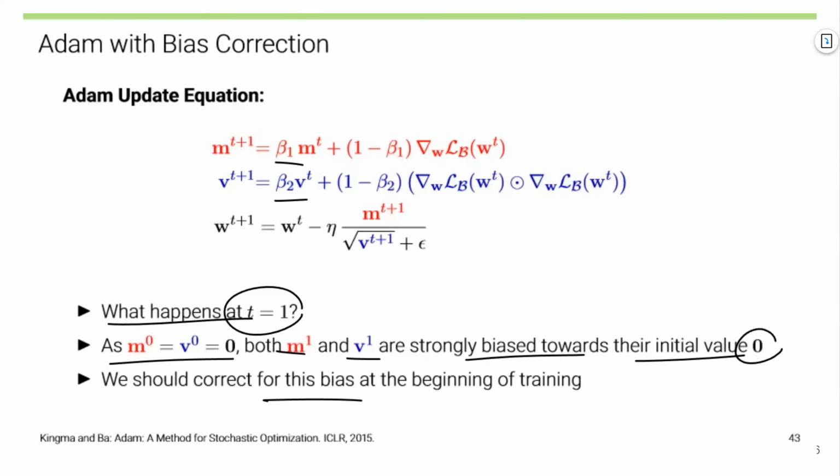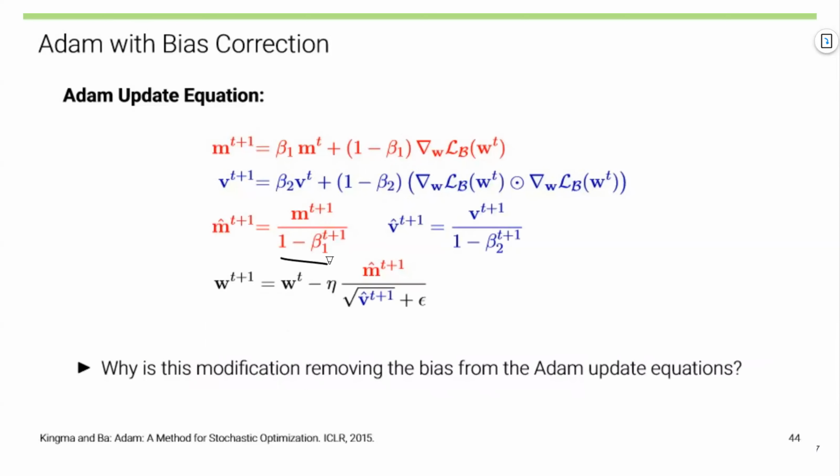Rather than using these values, we divide them by 1 minus beta 1 to the power of t plus 1 and 1 minus beta 2 to the power of t plus 1. And this will generate m hat and v hat, and we use these values. This modification removes the bias from the optimizer.